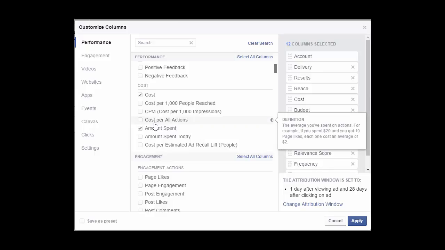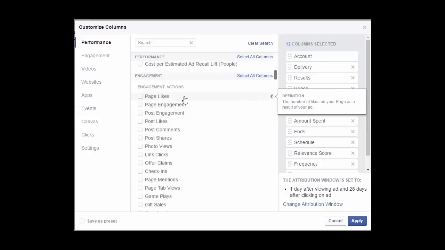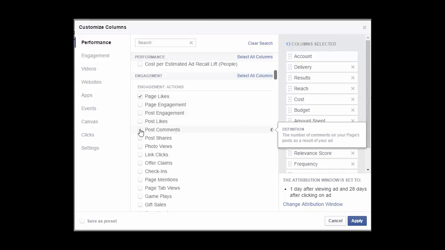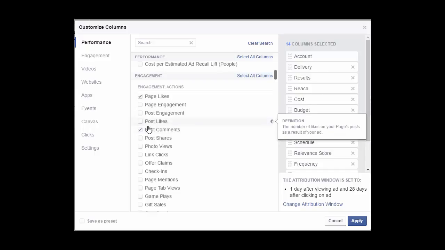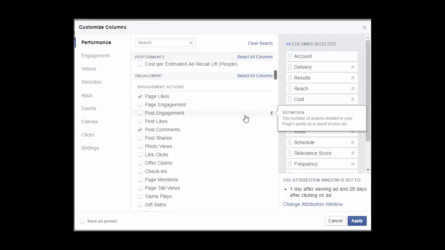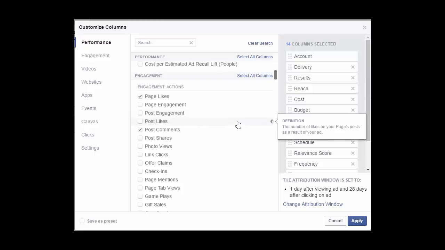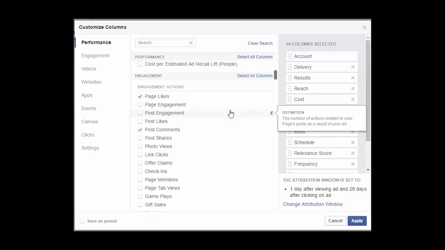Okay, so in the engagement section, check page likes, and post comments. You want to see how many people are commenting, and post shares. You want to see how many people are sharing with others in their Facebook network. Word of mouth advertising is the best and costs nothing, like I talked to you about in one of my first videos.